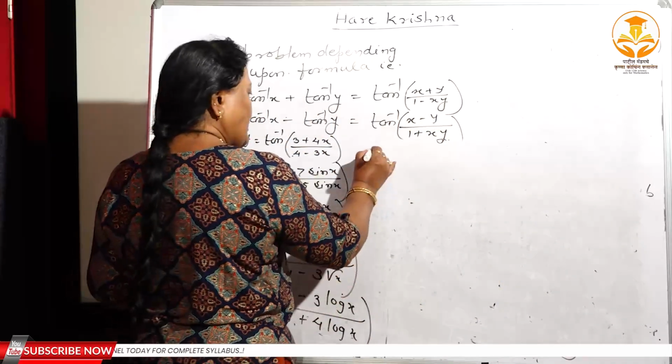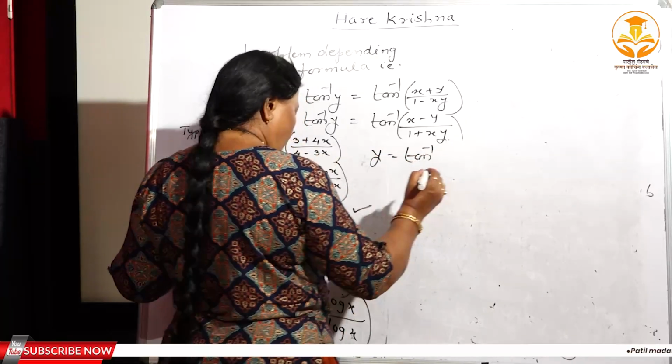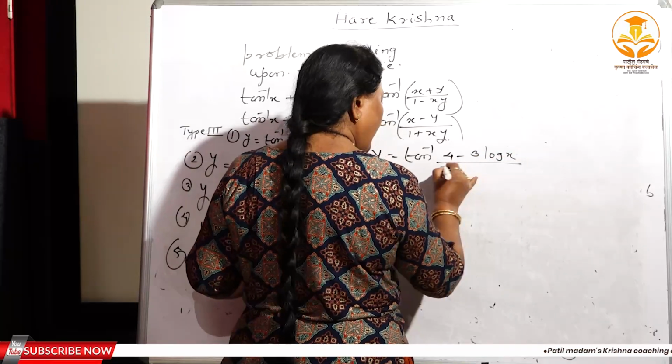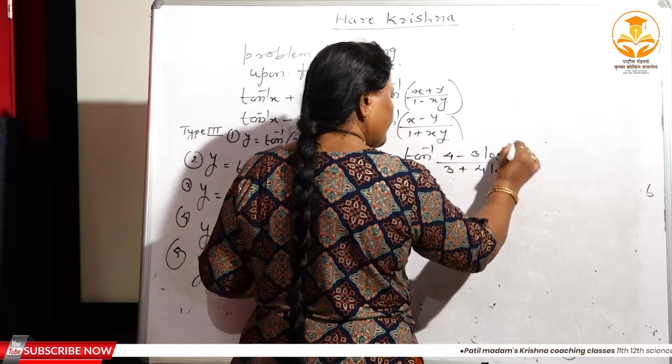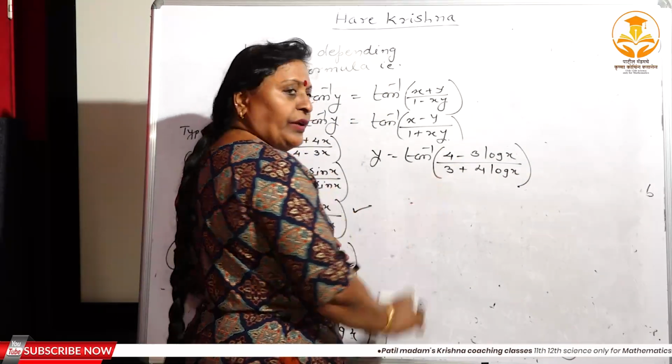Last one. Y is equal to tan inverse of (4 minus 3 log x) divided by (3 plus 4 log x). Now see, again we want 1.